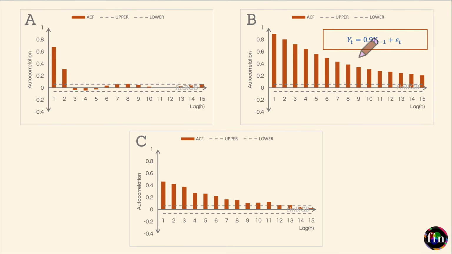Now let's come to correlogram C. In this correlogram, we neither have an abrupt decay to 0 like it was happening here, nor this very nice geometric decline towards 0. It's a decline towards 0, but it is not abrupt and not as nice as this. So this correlogram, first and foremost, is not coming from a pure MA process, because in that case it would have abruptly decayed to 0.